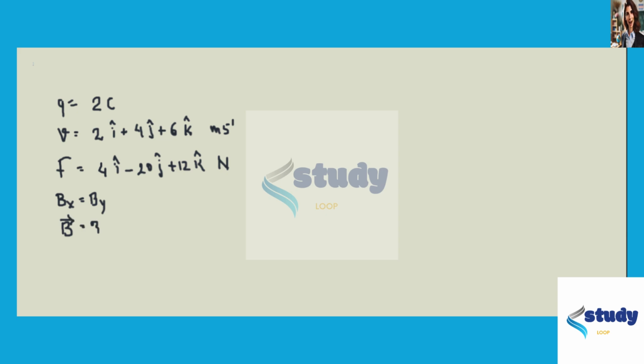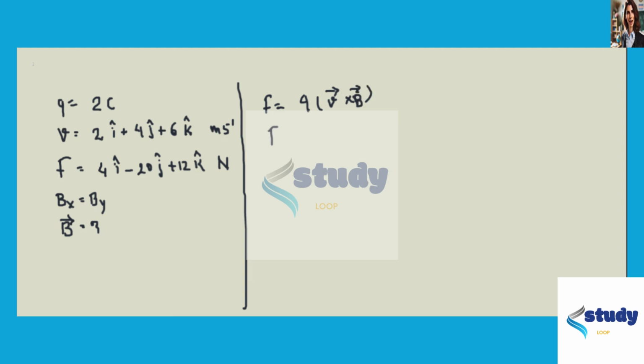Right. So to find that out, we start with the expression for magnetic force, that is F equal to Q times V cross B. Right.